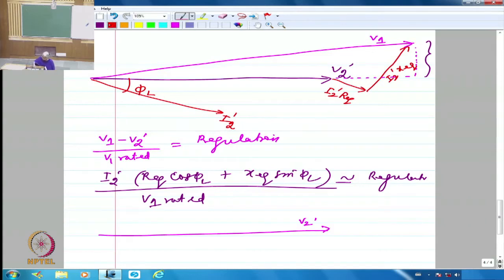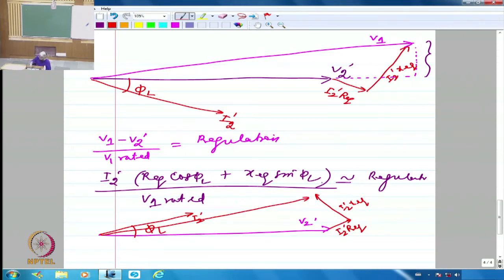If it is leading power factor, I am probably going to have a current like this. This is the load power factor angle. So I am going to have I2 dash R equivalent somewhere here, and maybe I2 dash X equivalent somewhere here. So what I am going to get is something like this.